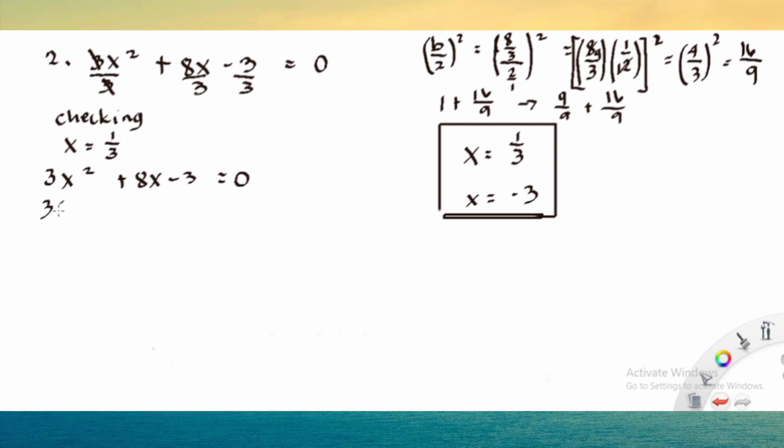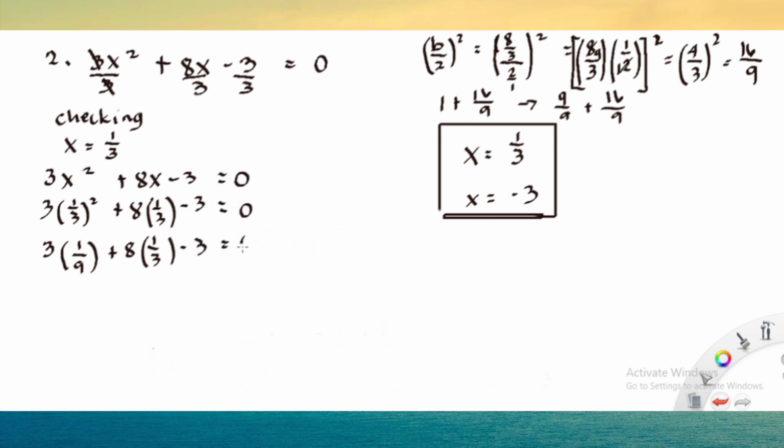We're gonna have 3 times 1/3 squared plus 8 times 1/3 minus, copy natin si 3. Is it equal to 0? Unahin natin to. Okay, the parenthesis or the exponent. So, we're gonna have 3 times 1 squared is 1, 3 squared is 9. Okay, copy natin yung the rests. 8 times 1/3 minus 3 equal ba yun sa 0?